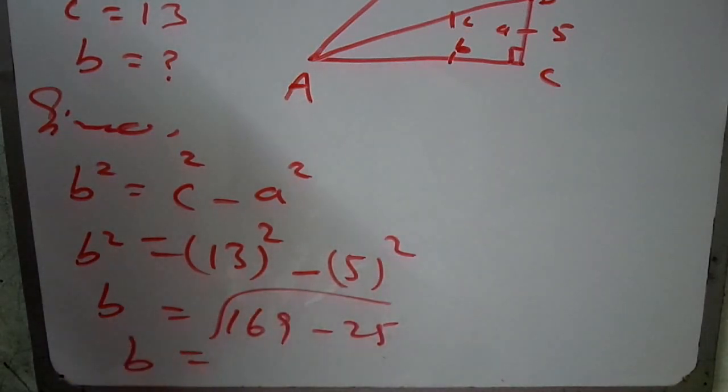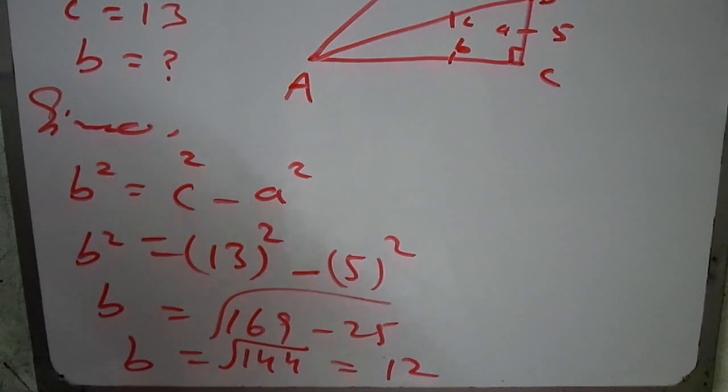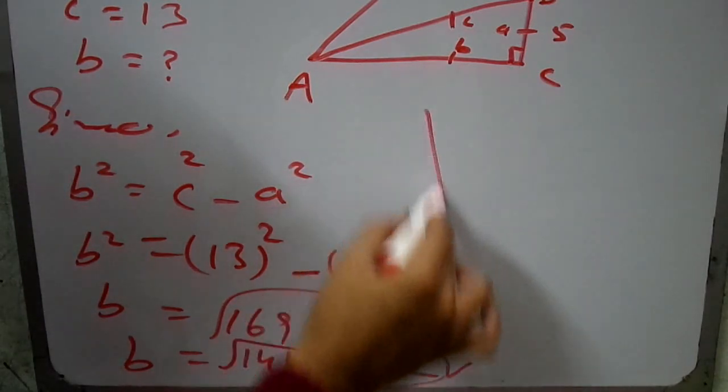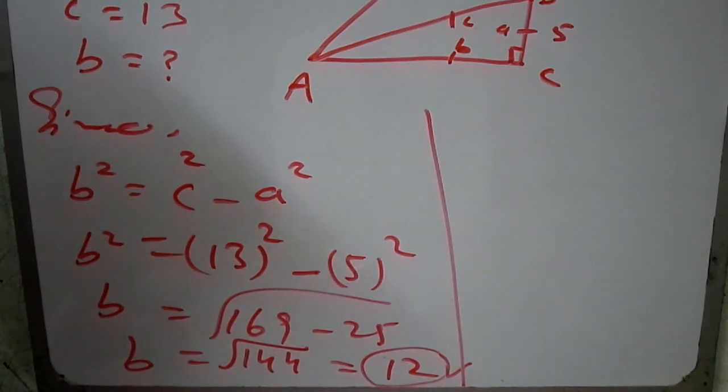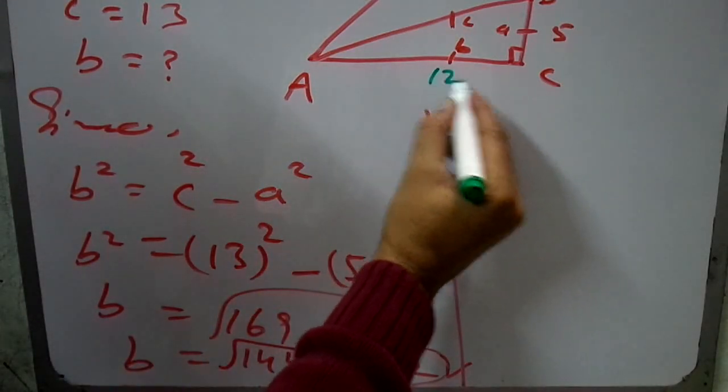So the value of B is 144 under root, that will give you 12. So it means the value of B is 12, that side is calculated, that is your 12.